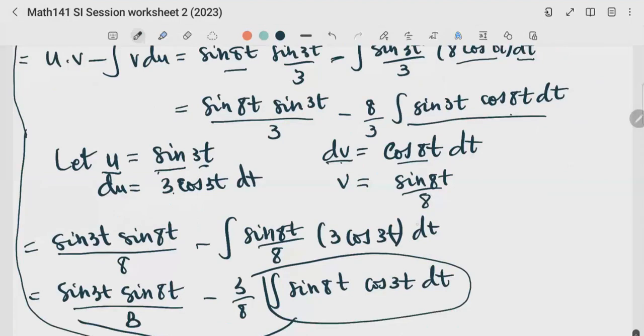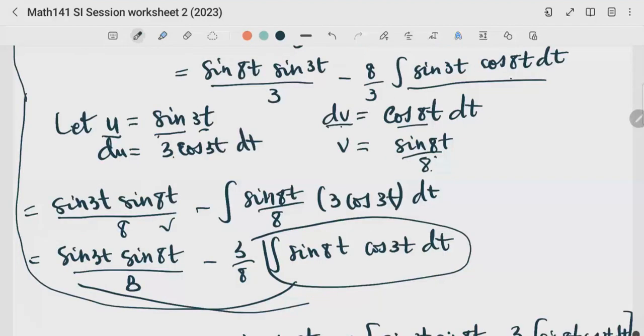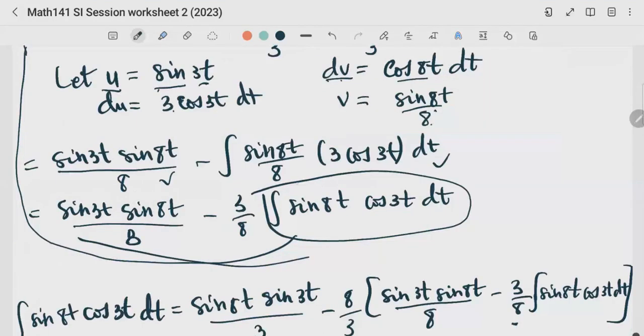U times v is sine 3t times sine 8t over 8, so correct, minus v du, which is just sine 8t over 8 times du, which is 3 cos 3t dt, so this is correct. And then the 3 over 8 will come out. You have this integral here, which is the same as that one there.